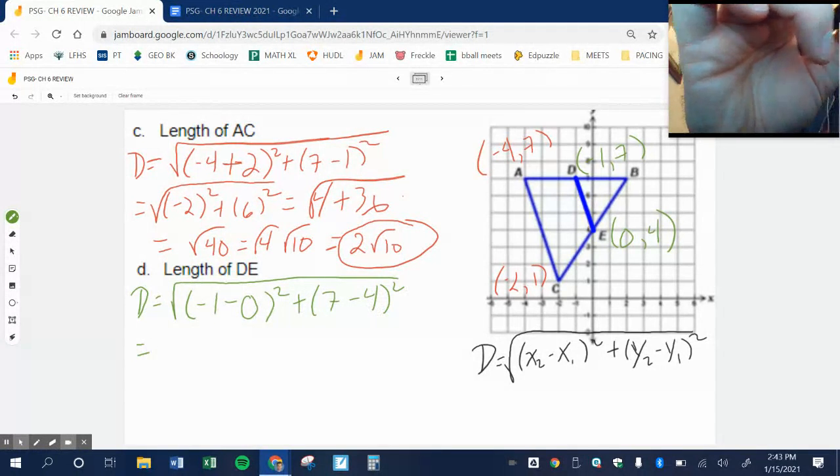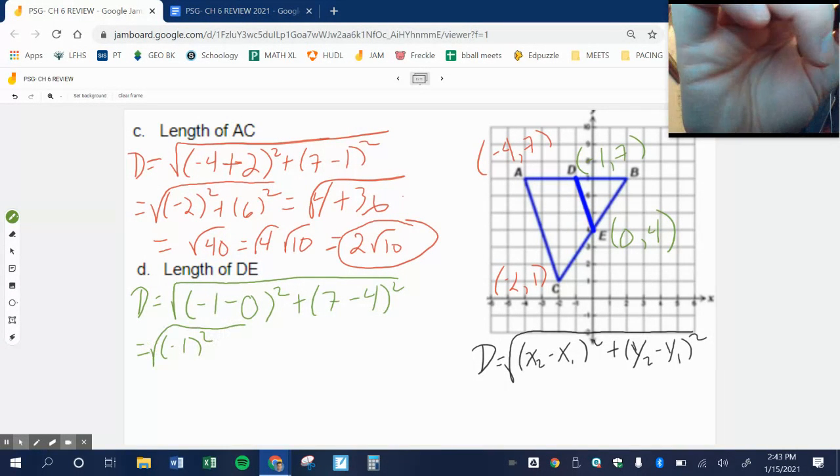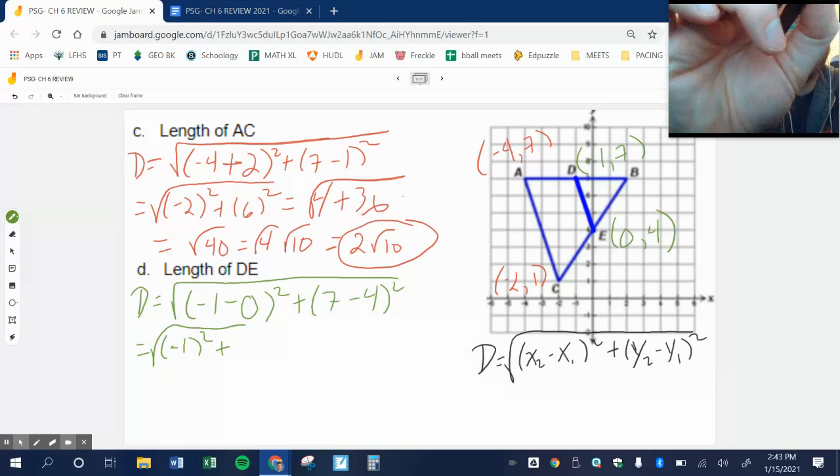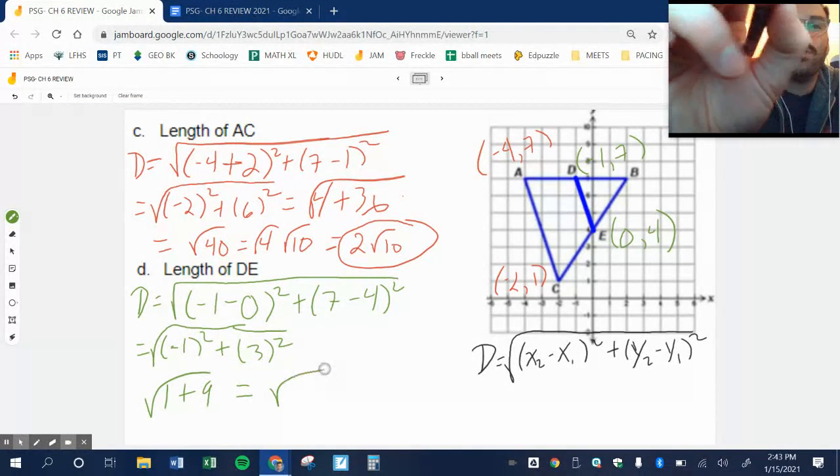Negative 1 minus 0 is just negative 1. That's squared. Plus 7 minus 4 we know is 3 squared. So that's 1 plus 9, which is root 10.